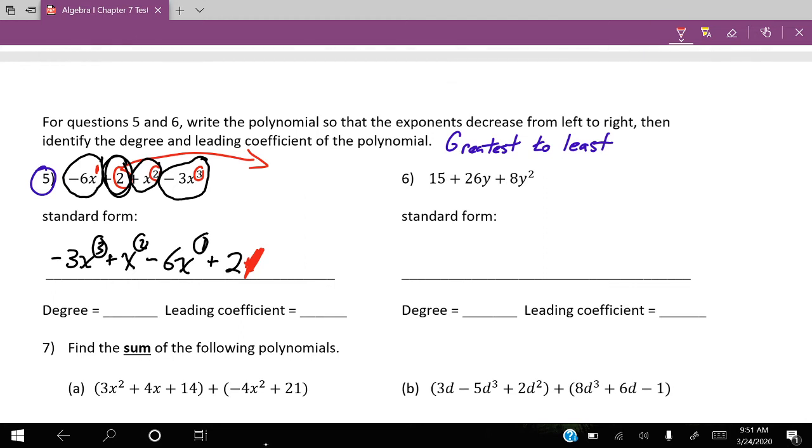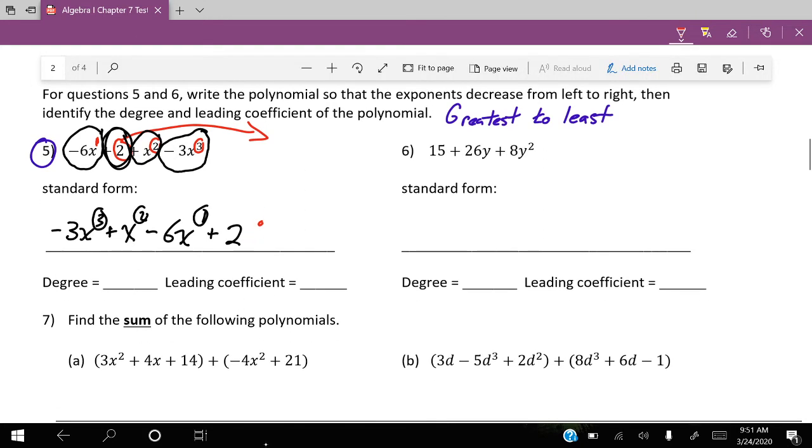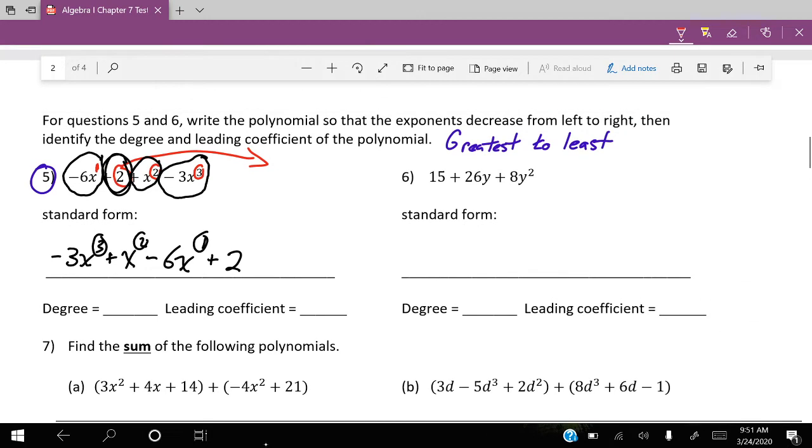All right, so we're going to go ahead and then find the degree and the leading coefficient. Now, the degree and the leading coefficient are all in front here. They are all wrapped up in here. The degree is the highest exponent, and we know that the highest exponent happens to be 3 right here. So we're just going to say the degree is 3.